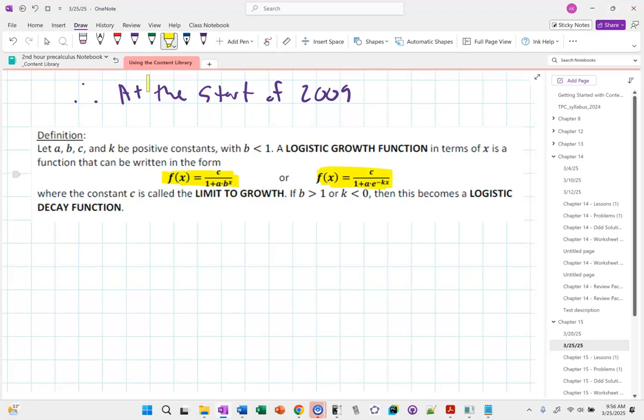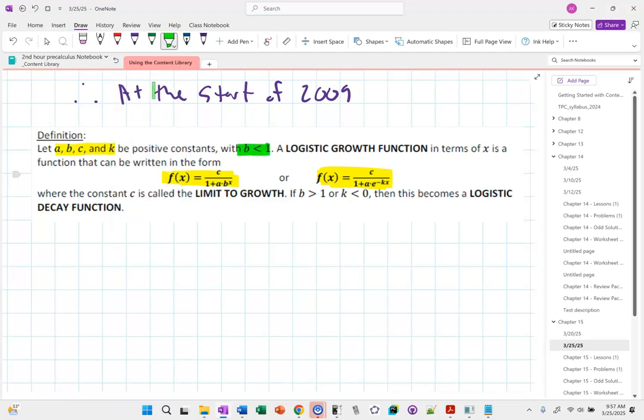It's just something of the form c over 1 plus a times b to the x, or instead of a times b to the x, you could have a times e to the kx. Either way is fine. Those constants a, b, c, and k, we're always going to assume are positive.